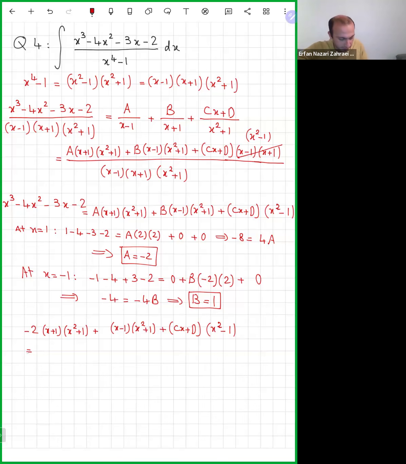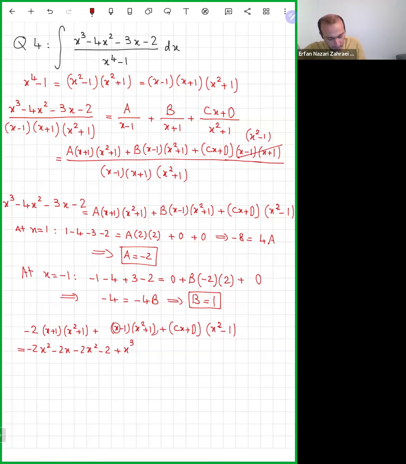Expand and simplify. First, expanding these, I have negative 2, this times this, which is x cubed. Then negative 2, this times this, which is x. Then negative 2, this times this, which is x squared. And finally, negative 2 times 1, which is negative 2. Plus, now expanding this: x times x squared is x cubed.